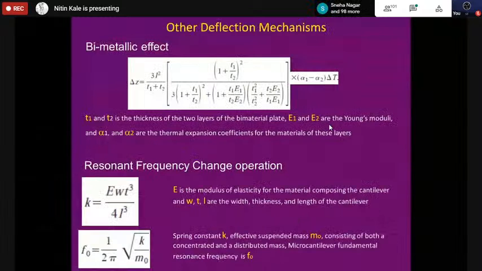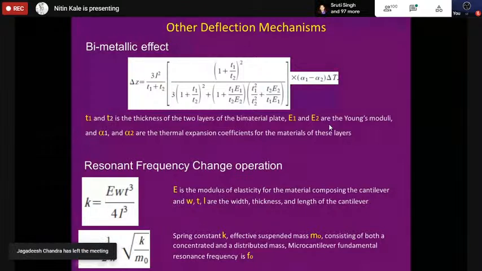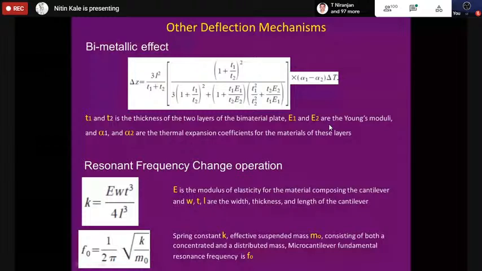The equations for the bimetallic effect are also simple. In this equation, this is the deflection. You ignore everything else that is given here. This is the TCE of material 1, and the TCE of material 2. If these are different, and there is a change in temperature, there will be a delta Z. So that's how you can find out the change in temperature.